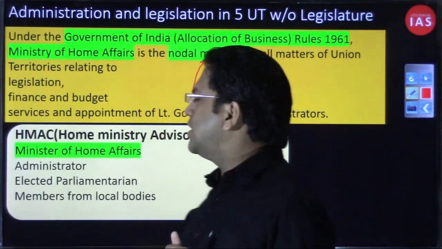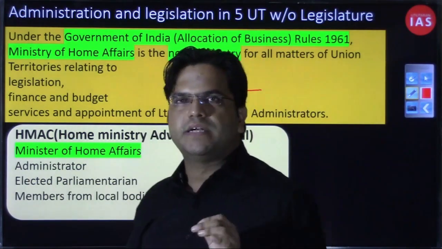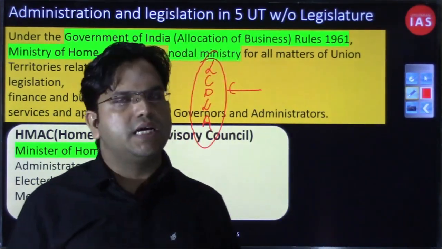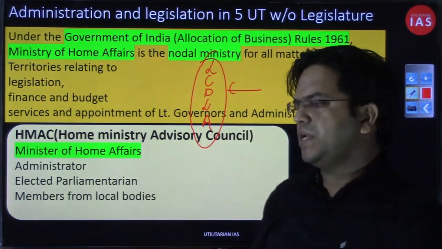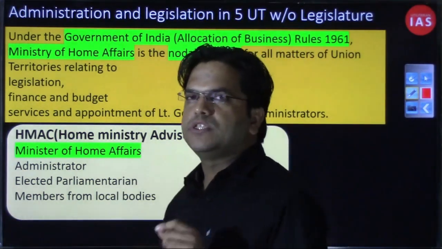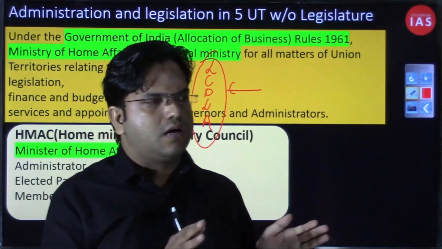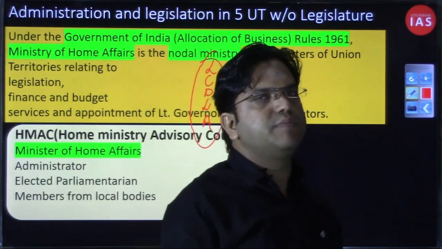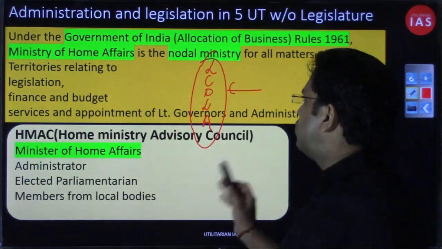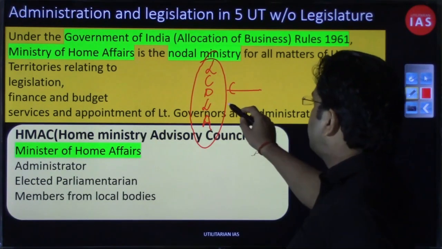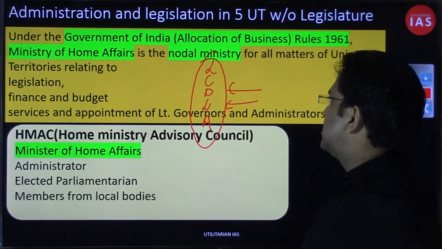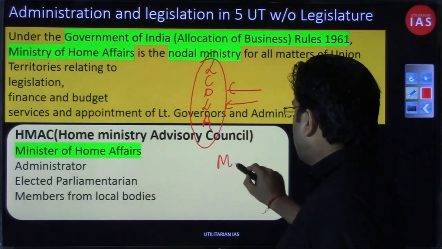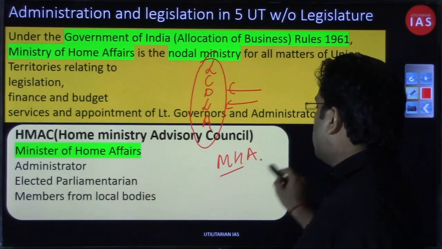Because for the other 3 union territories that we just talked about, they did have these assemblies. However limited, they did have an assembly, and the assembly was largely responsible for legislating on the matters mentioned in List 2 of the Seventh Schedule. But what about these 5 union territories? In relation to these 5 union territories, it is the MHA, the Ministry of Home Affairs, that is going to be the originating body.